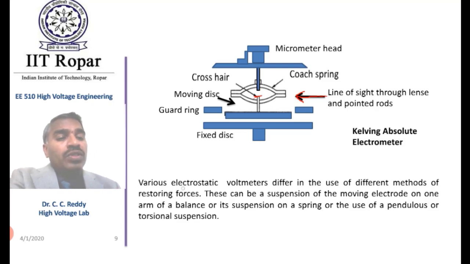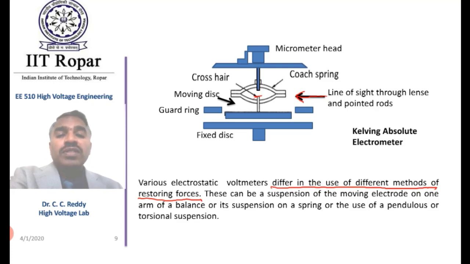Now various electrostatic voltmeters differ in the use of different methods of restoring force. How the restoring force is done and how it is amplified, all these factors, the differences depend on. There are several kinds of suspensions.